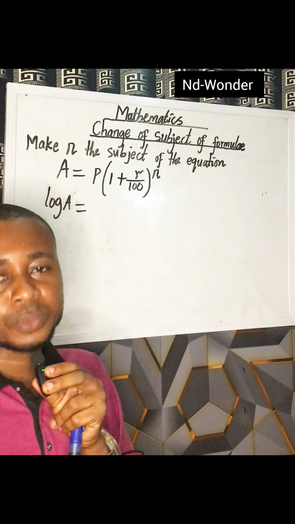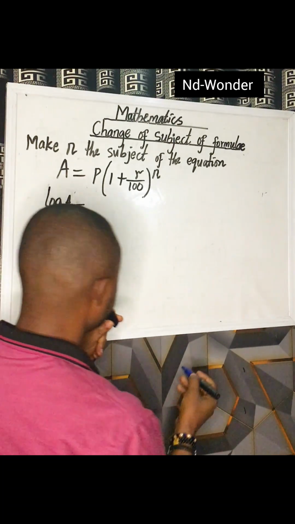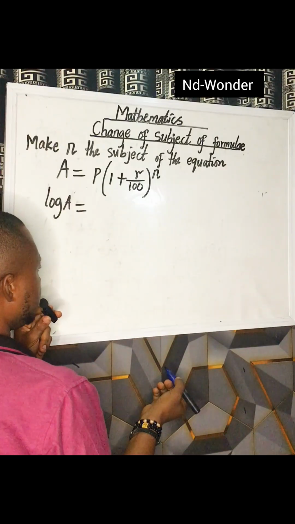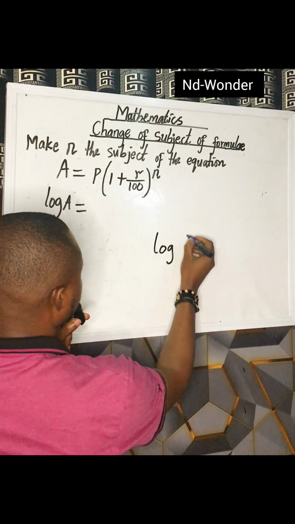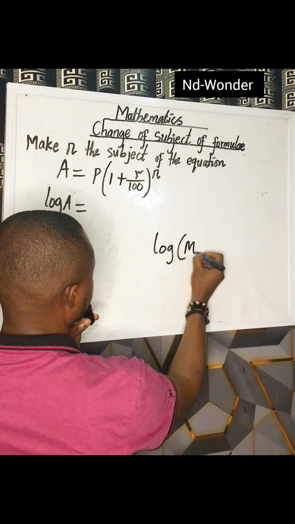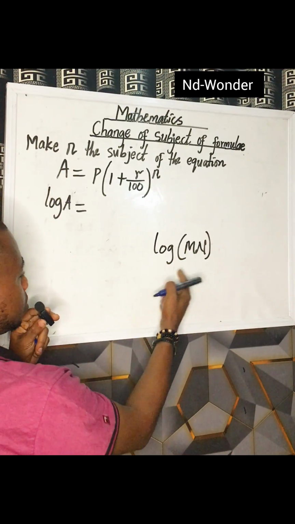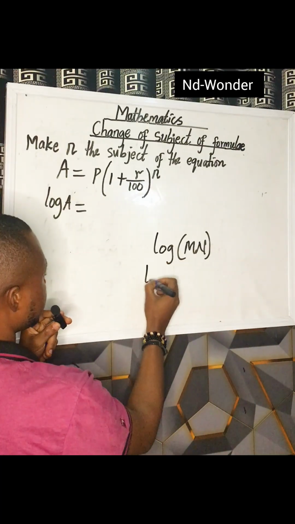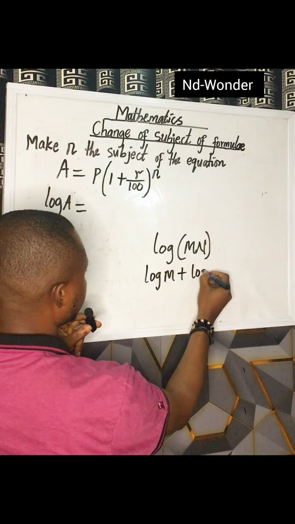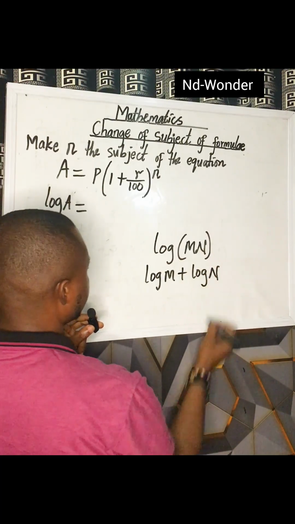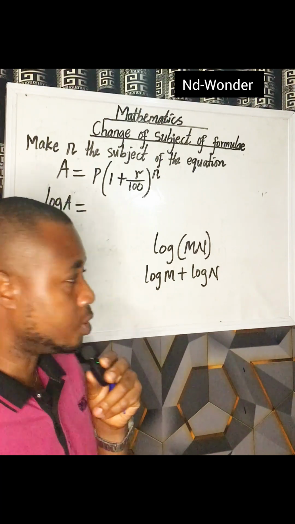So recall the product law in logarithm. When you have the product law, how do we observe that? Let's take for instance I have log of mn. Now applying this product law, log mn becomes log m plus log n. That is how you play around this value.